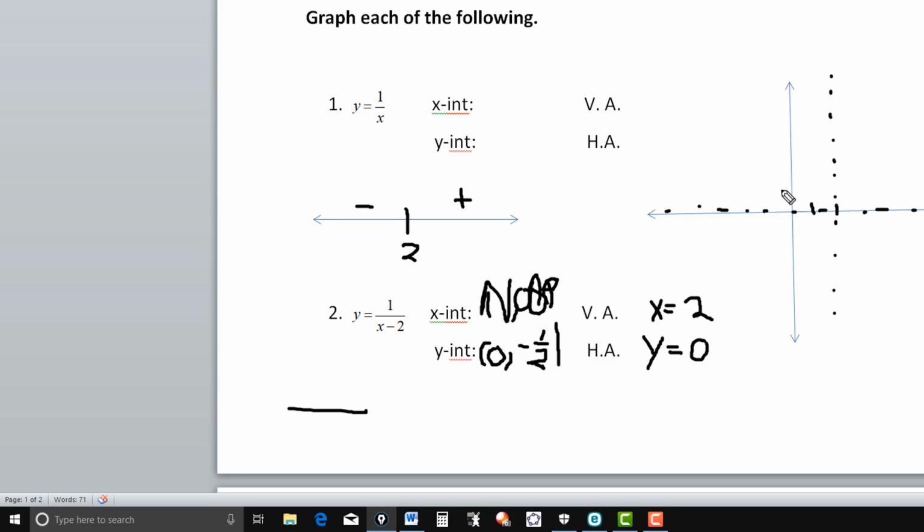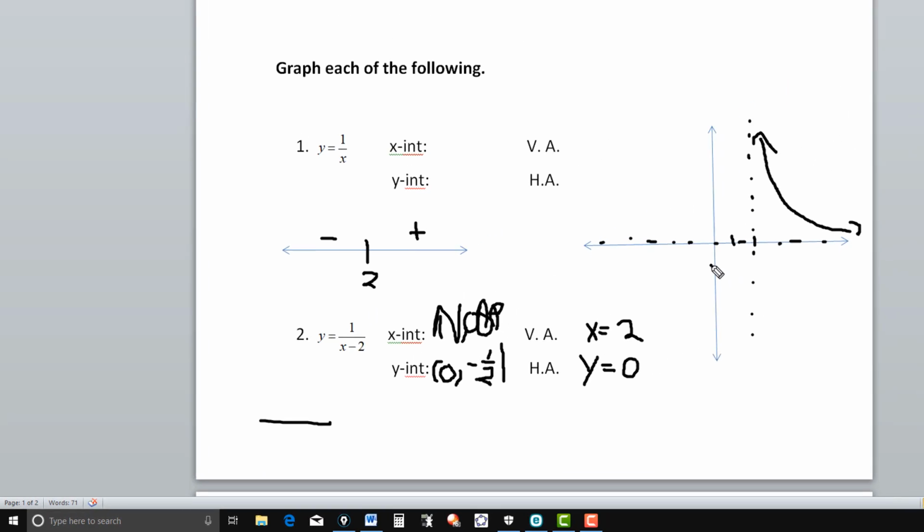Okay, and then again, use the number line and just common sense. To the right of 2, that's just to the right of this asymptote, is positive, so the graph has to be above. I have a vertical and horizontal, so just draw it so it approaches both.